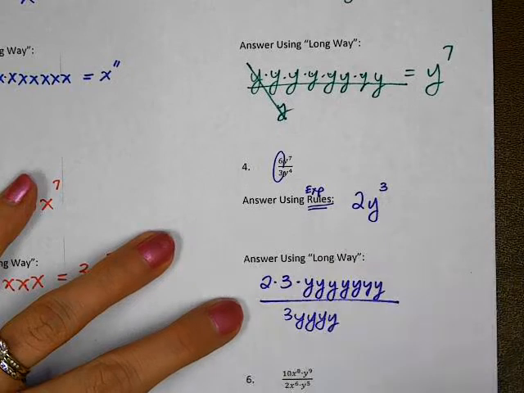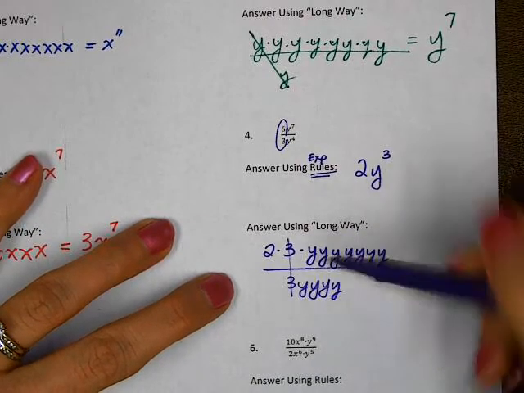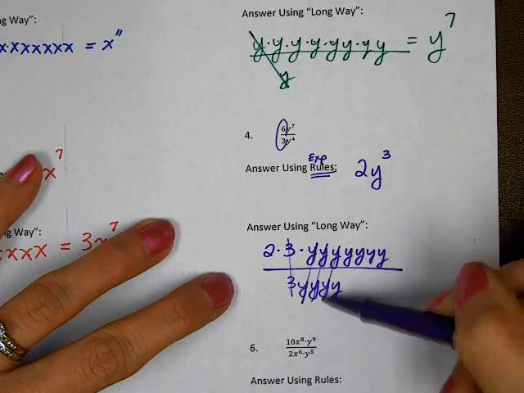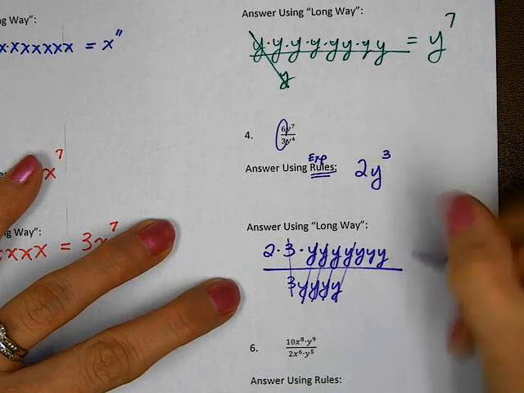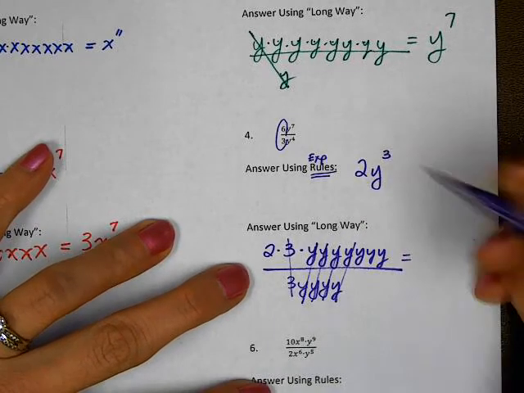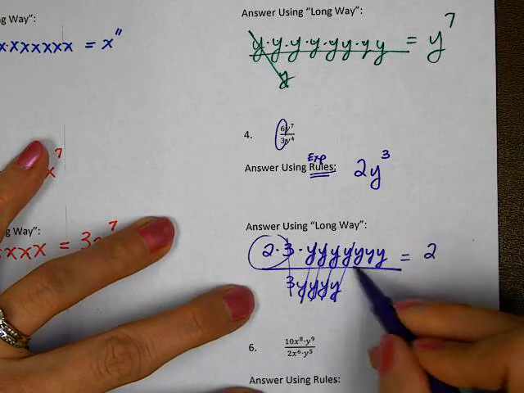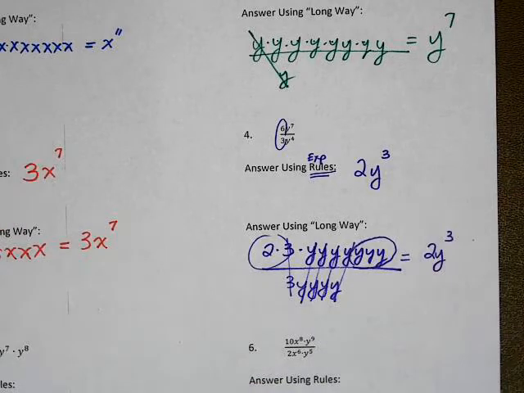Because we're expanding everything, and now I'm looking for things that cancel. The 3's cancel, and 4 sets of y's cancel. So what do I have left? All of my things that are left are in the numerator. So I've got a 2, and then I've got these 3 y's right there, 2y to the 3rd. Okay, this is looking good.